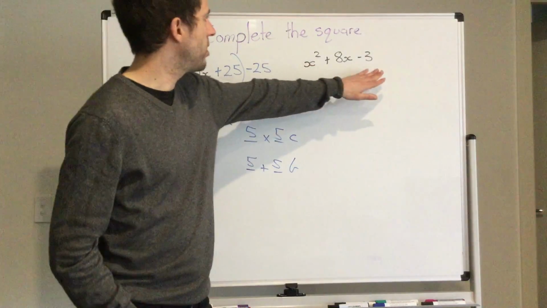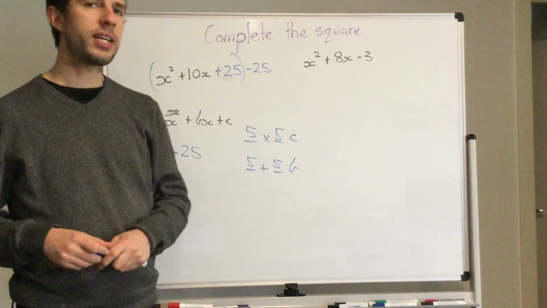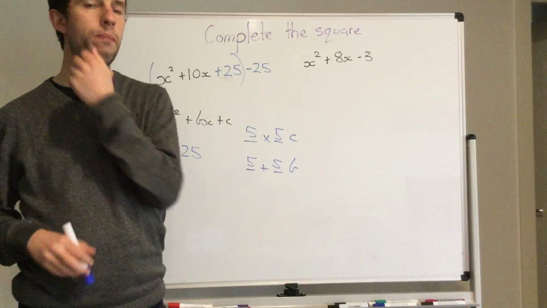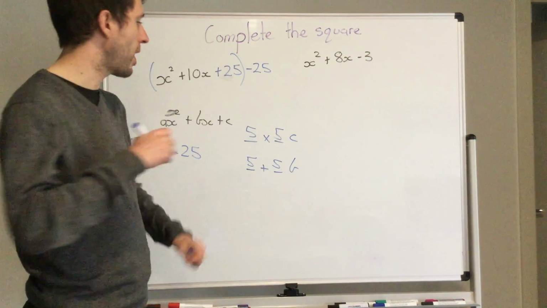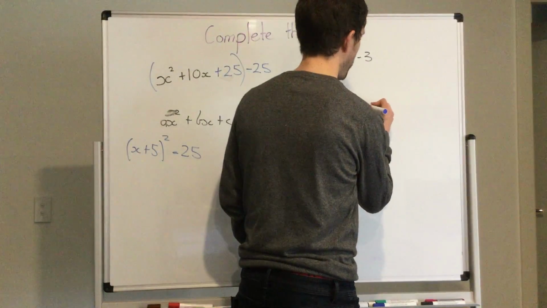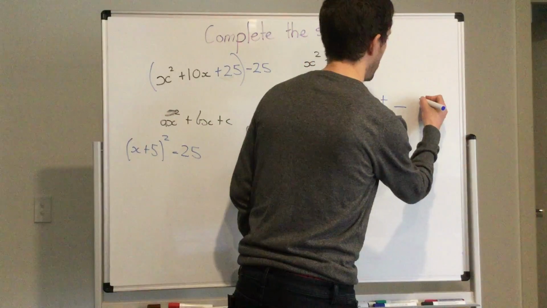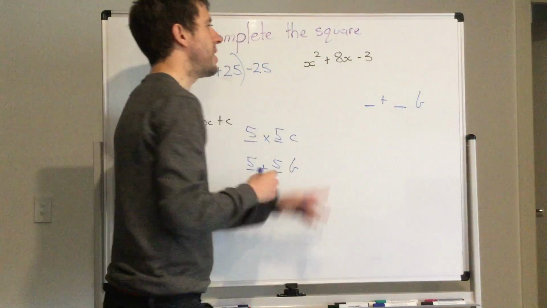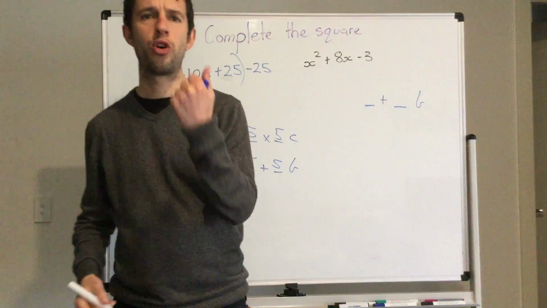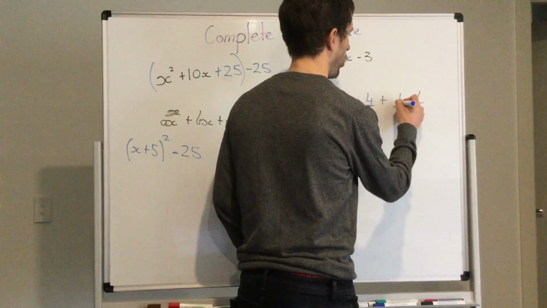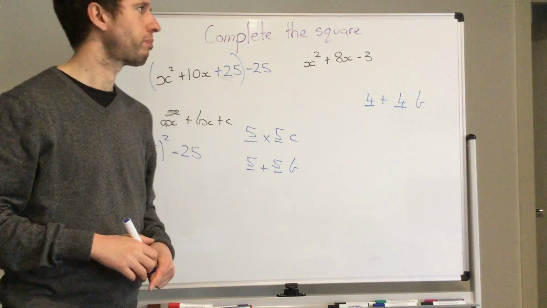Let's jump over to x squared plus 8x minus 3. Now, if we are thinking about completing the square, we need to look at b. B is the first thing we look at. Well, b is 8. So what is two numbers that add up to 8? 4. Remember, they must be identical.